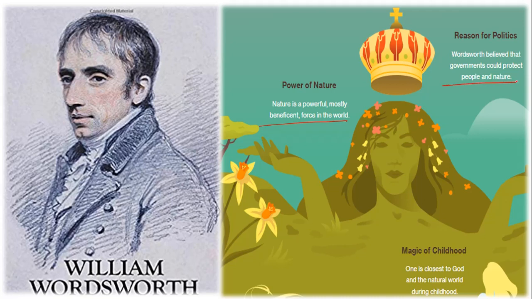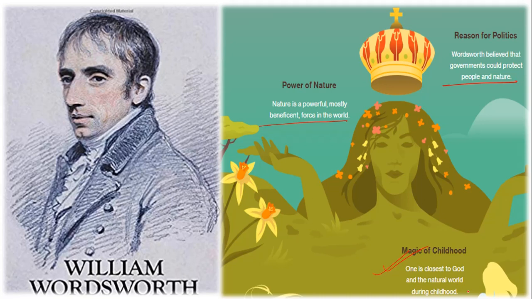And he also believed that governments could protect people and nature. Most of his poems also tell you about the magic of childhood. He believed in the magic of childhood and how one is closest to God and the natural world during childhood.